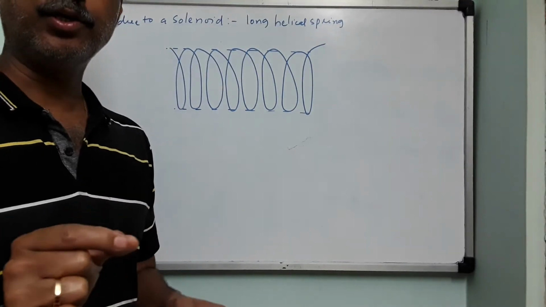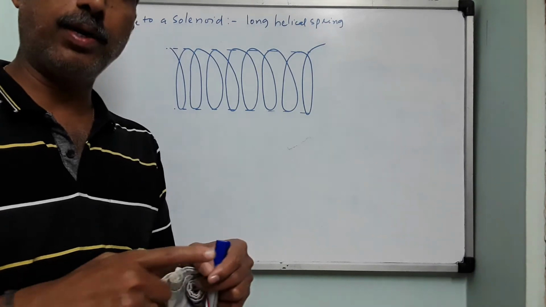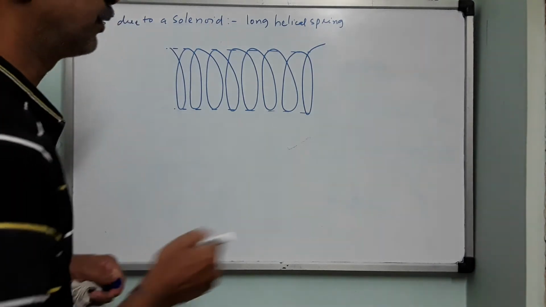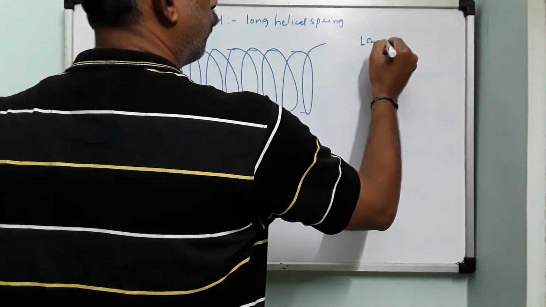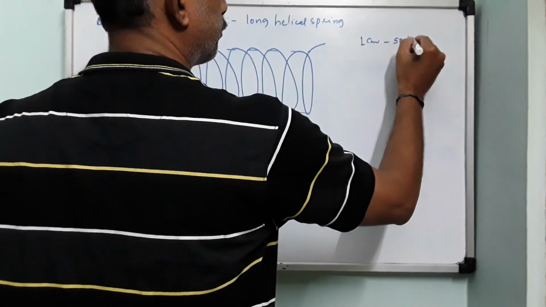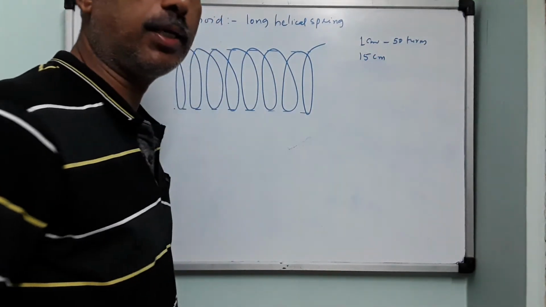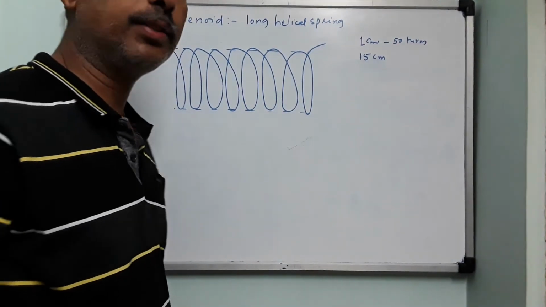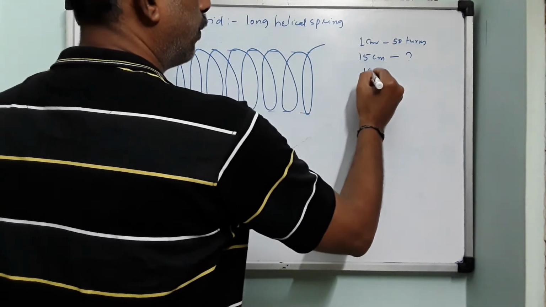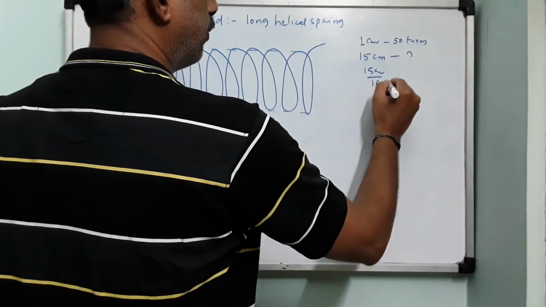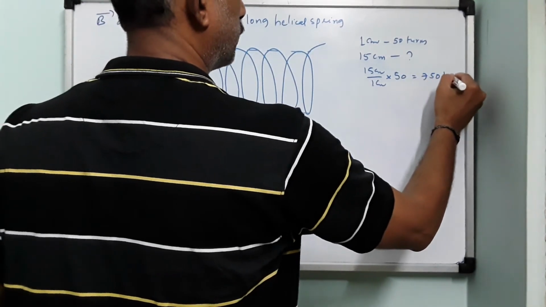So if you ask what is the total number of turns on a rheostat of 15 centimeter, suppose in 1 centimeter you found there are 50 turns, then for a 15 centimeter long solenoid, how many turns will there be? This is 15 centimeter divided by 1 centimeter, into 50. So this will be 750 turns.